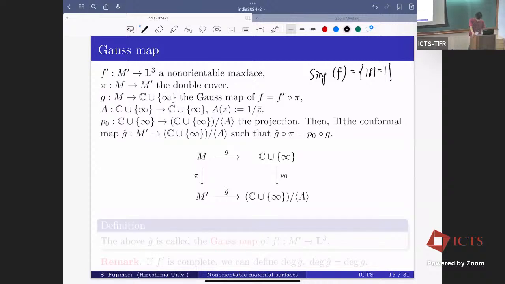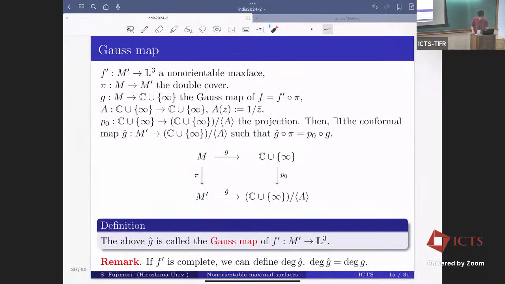So except at singularities, it doesn't take values in this. So we have some G hat taking values here, and there exists a unique G hat here. So we call this G hat the Gauss map of F prime. Okay.